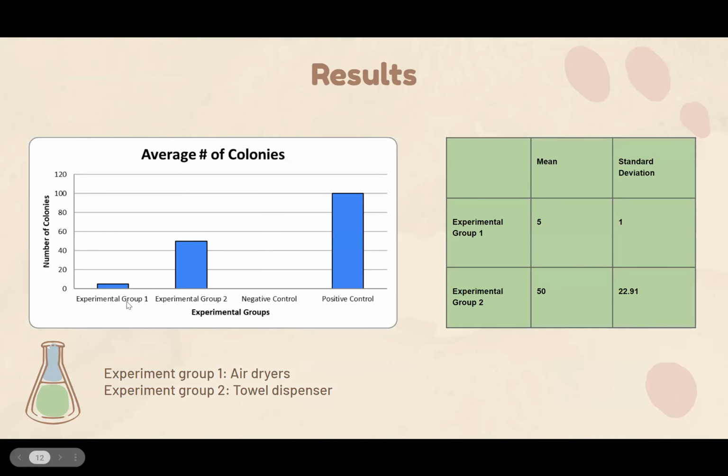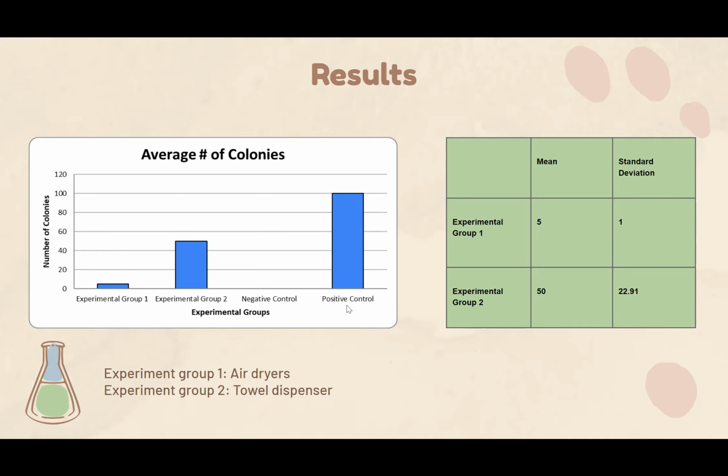So here again, experimental group 1 represents the air dryers, which had about 5 with a standard deviation of 1. And the experimental group 2 had about 50 with a standard deviation of 22.91. Negative control had 0, and the positive control had about 100.